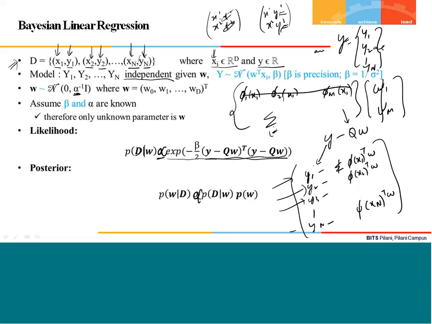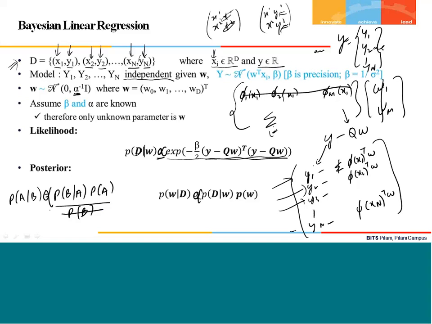Because this is Bayesian regression, Bayesian means the probability of A given B is equal to the probability of B given A times the probability of A, divided by the probability of B. If I don't write the probability of B, if I don't normalize it, this equal sign gets converted into a proportional sign. It means the value gets changed, so it is not equal to but proportional to.